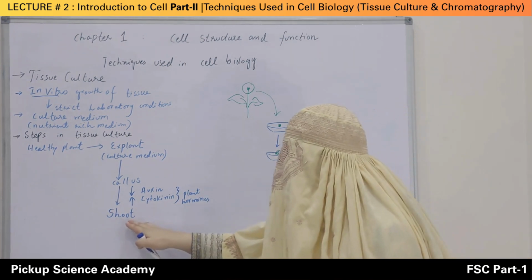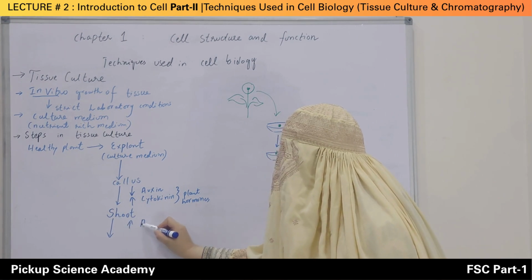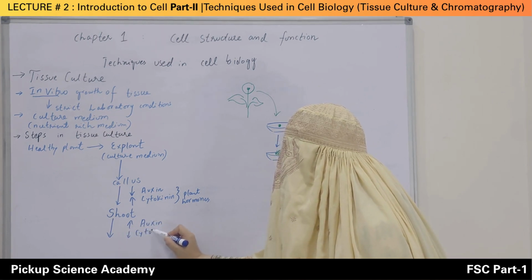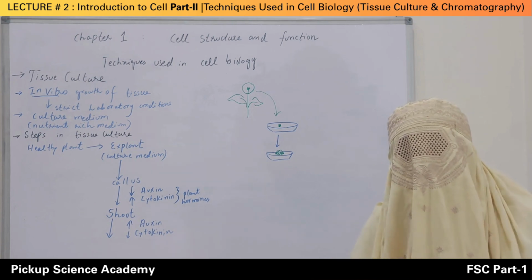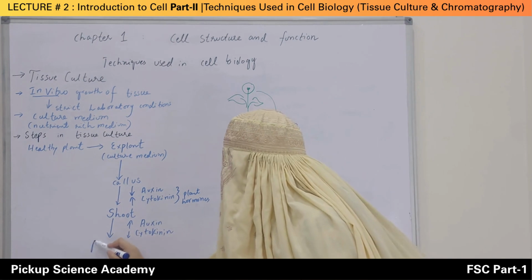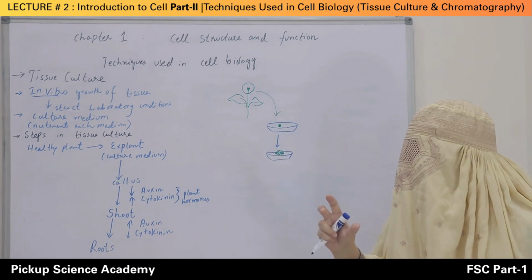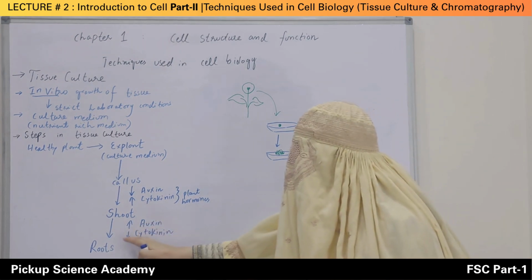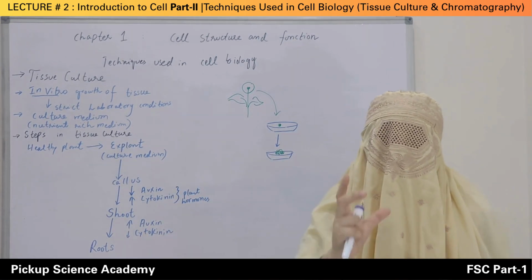Then at this step, what will we do? Now we increase the auxin concentration and decrease the cytokinin concentration. So what will happen? The roots will start arising. The small roots will start arising. Then after a few days, from this tissue, a small plant will arise.